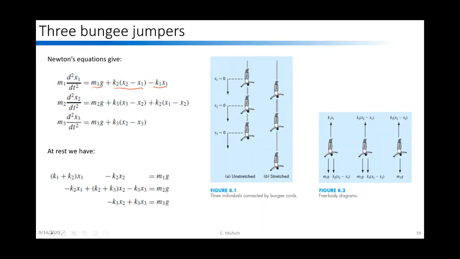If I'm only interested in their behavior when they're not moving, all of these second derivatives go to 0. So I can rewrite the equations as below, rearranging so that all the x1 terms are in the first column, all the x2 terms in the second column, and all the x3 terms in the third column.